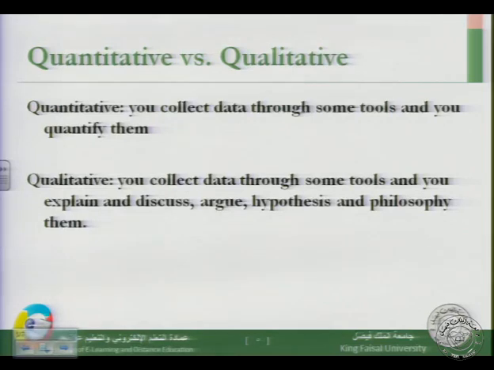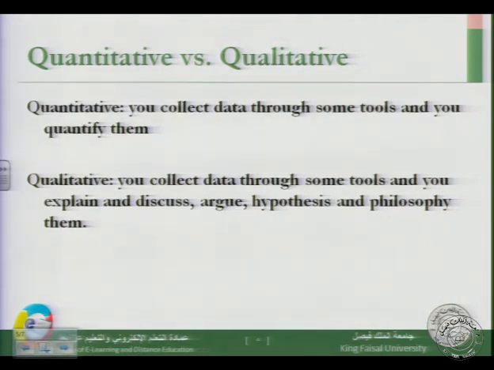Quantitative versus qualitative, I explained this to you earlier. Quantitative, you collect data through some tools and you quantify them. You quantify the data. You gather data about, for example, how many students in your classroom got an A plus and those who got B, C, D. So you gather some exams and then you quantify them. You can quantify how many students placed in the A and B or C levels.